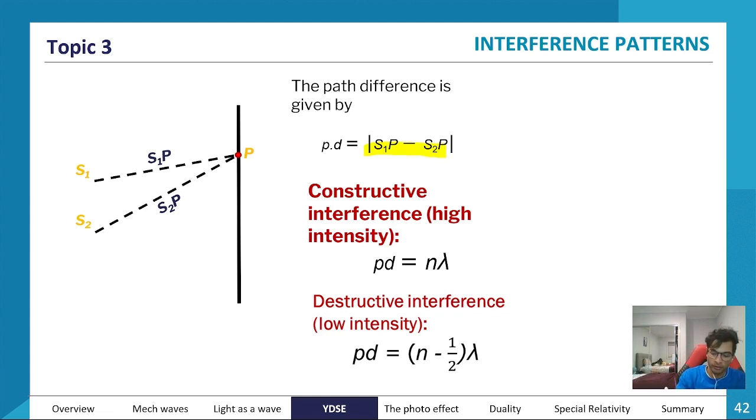Constructive interference will occur if the path difference is a whole number multiplied by the wavelength of the light or the wave. And destructive interference is going to occur when the path difference is n minus a half times the wavelength.